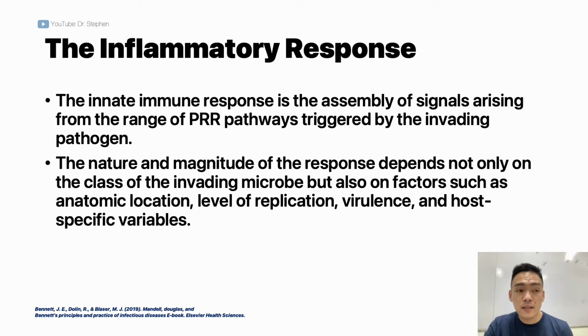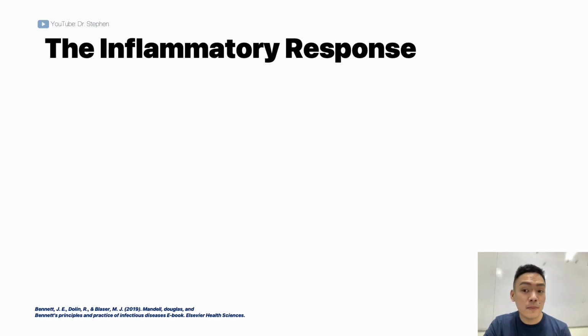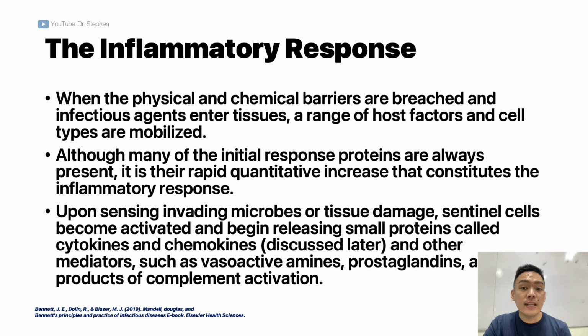Of importance, immune defenses are usually balanced to effectively eliminate pathogens while also minimizing the damage produced by the immune system itself. When the physical and chemical barriers are breached, the infectious agents enter tissues, and a range of host factors and cell types are mobilized.